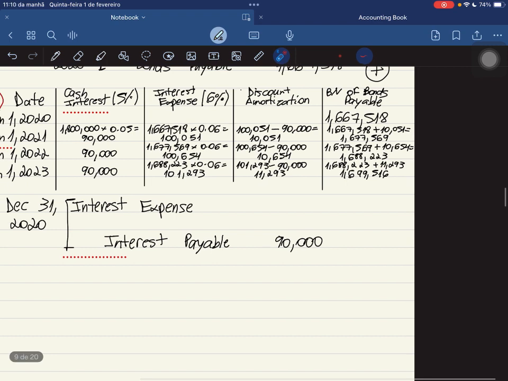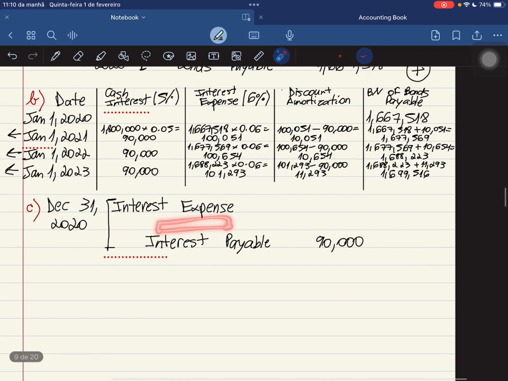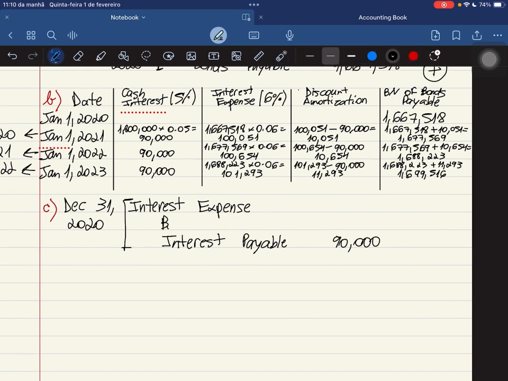So remember that the position is minus and plus, so we are on this position on the credit side. So we have to put it over here. And the amount is 10,051, and that would give us 100,051, like that.